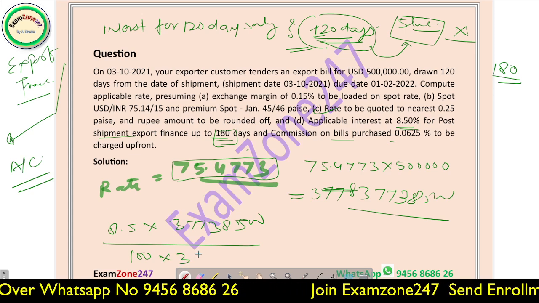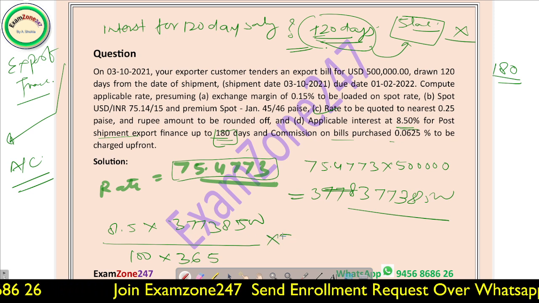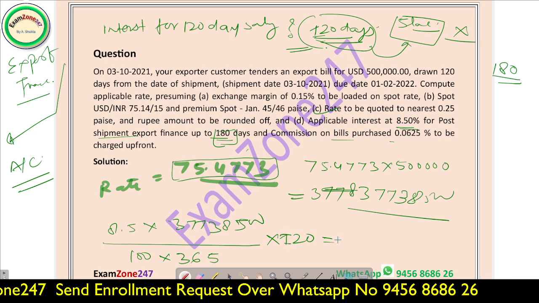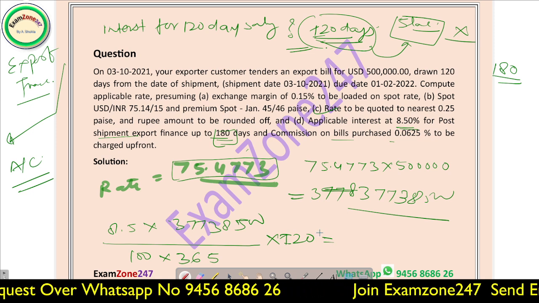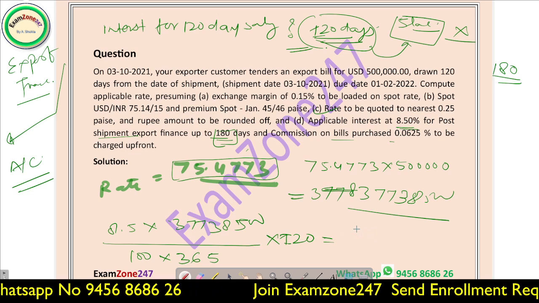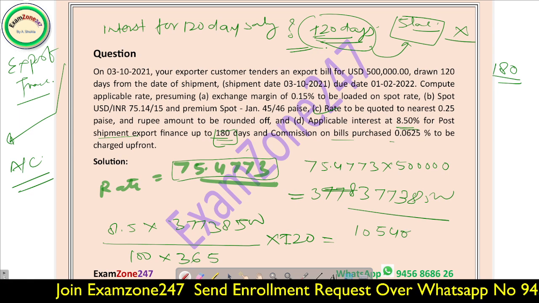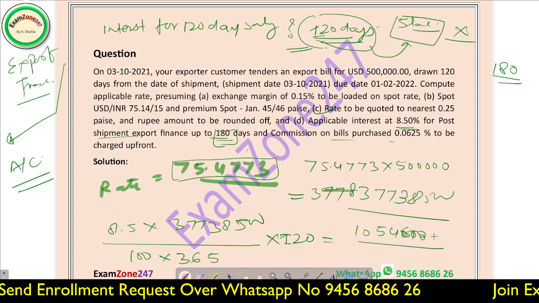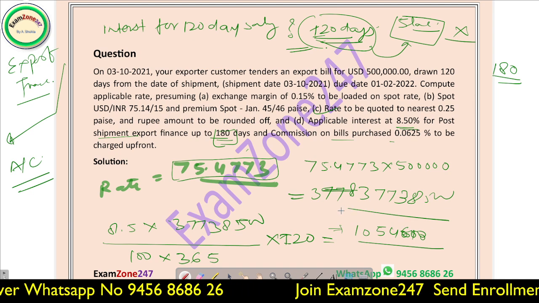If we divide by 365, we will get for 1 day, and if we multiply by 120, we will get interest for 120 days. Interest will come out to be around 10 lakh 54,610. If you calculate it, it will come out to this.